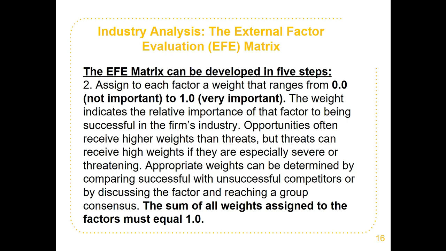Appropriate weights can be determined by comparing successful with unsuccessful competitors or by discussing the factor and reaching a group consensus. Discussing with whom? In the business, perhaps you discuss with the employees or the managers of the company. The sum of all weights assigned to the factors must equal 1.0.